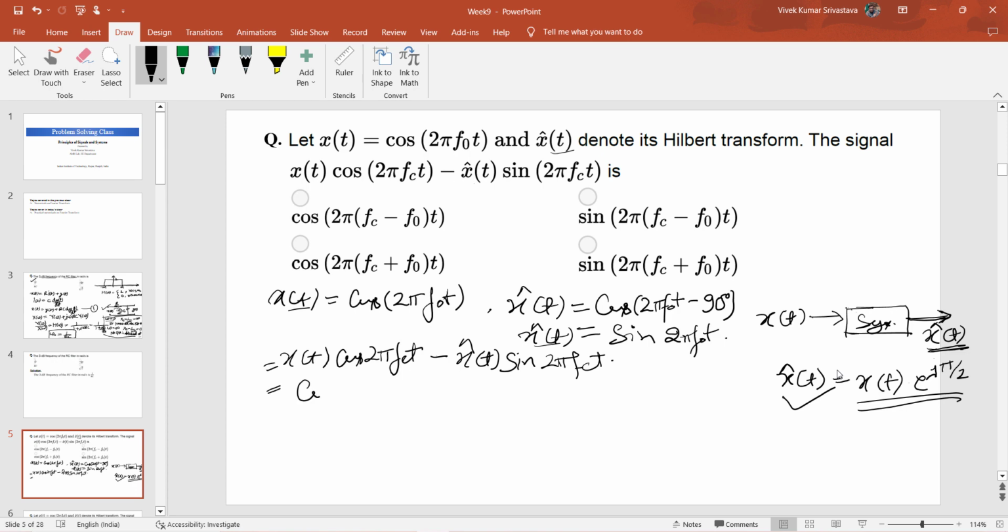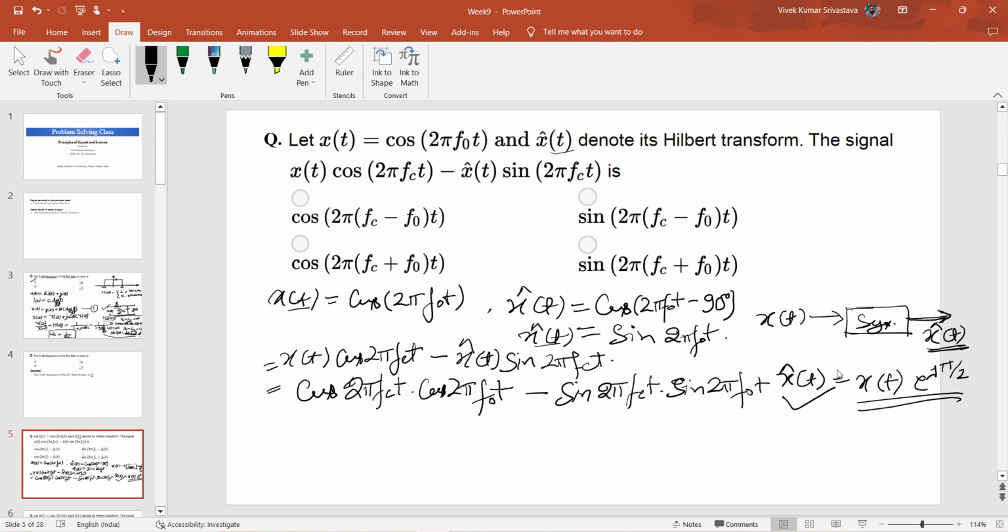So we can write it as cos 2 pi fct into cos 2 pi f naught t minus sine of 2 pi fct into sine 2 pi f naught t.